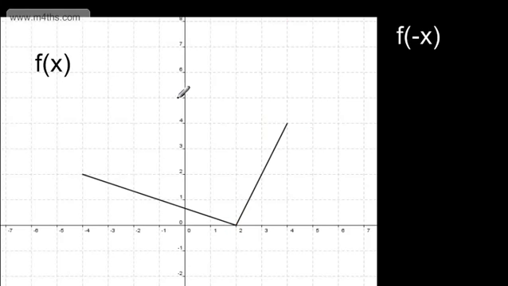Okay, another one, f of -x. Now this is a reflection in the y-axis. We saw in the last video that it was pretty pointless doing it with x squared. This time it'll be more interesting. Another way of looking at this, you're going to multiply the x coordinates by -1. So this point's going to go over here. This one is going to go from -4 to +4, which is going to be just here.